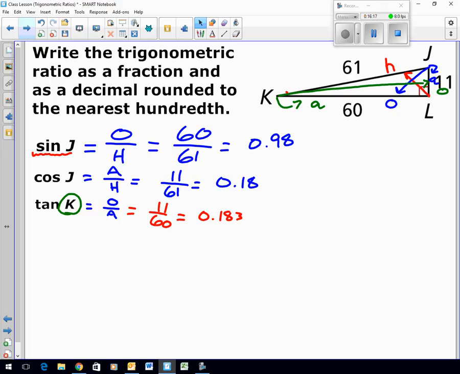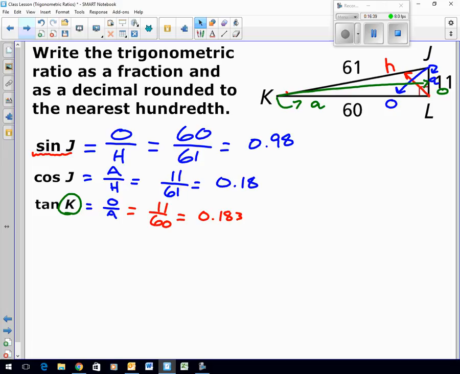Mr. Hesterly brings up a great point. He said, what about angle L? How do we find opposite and adjacent for angle L? Here is a huge takeaway. You don't. You never have an opposite or adjacent for the right angle.